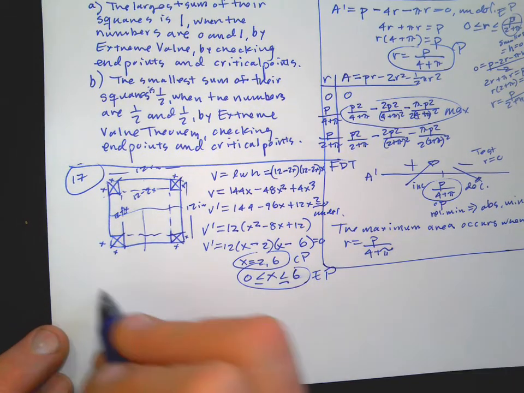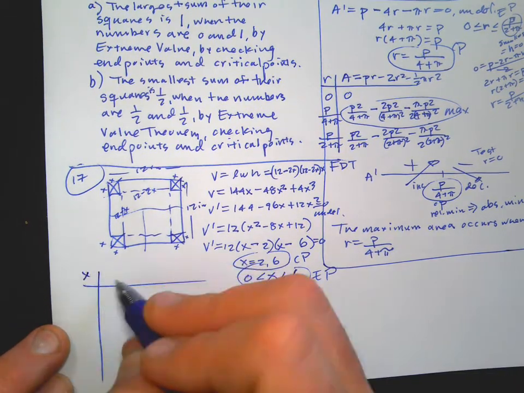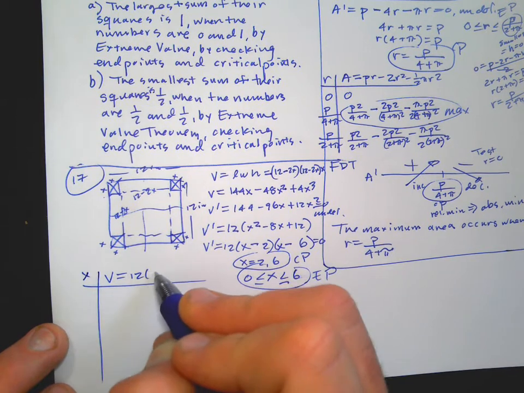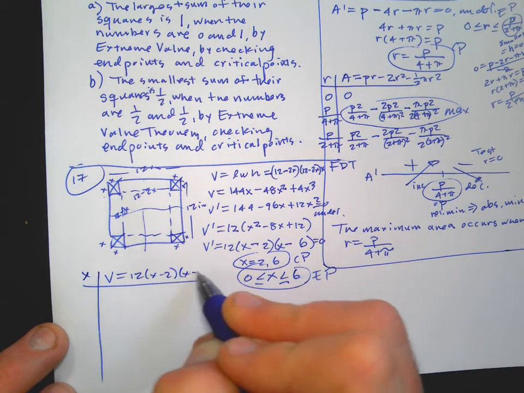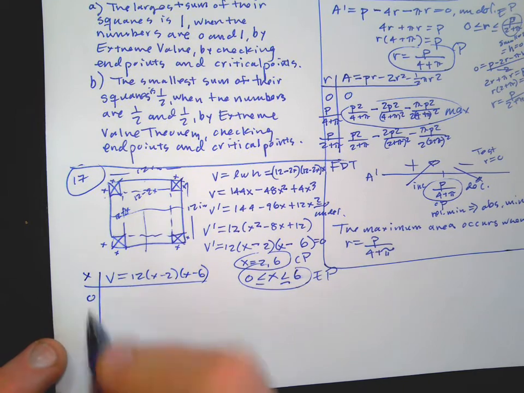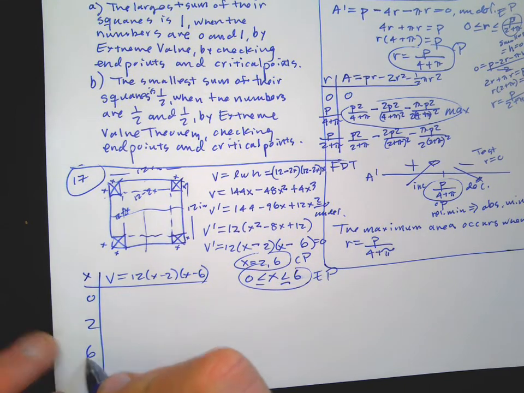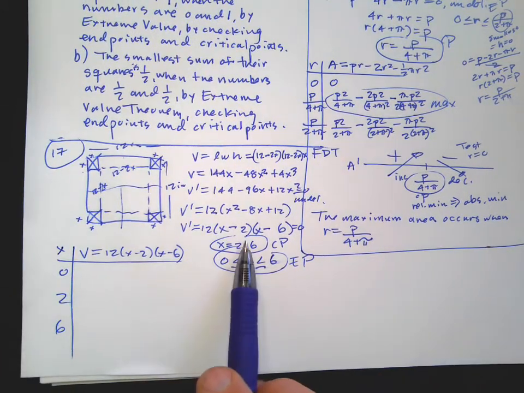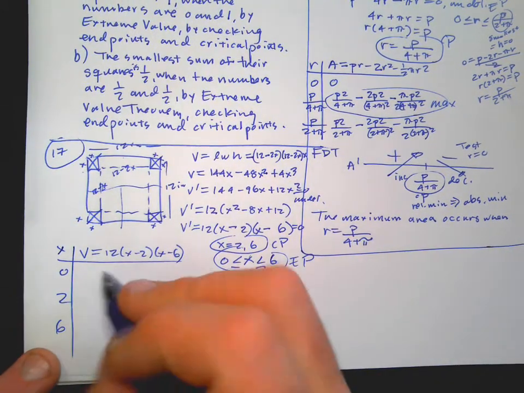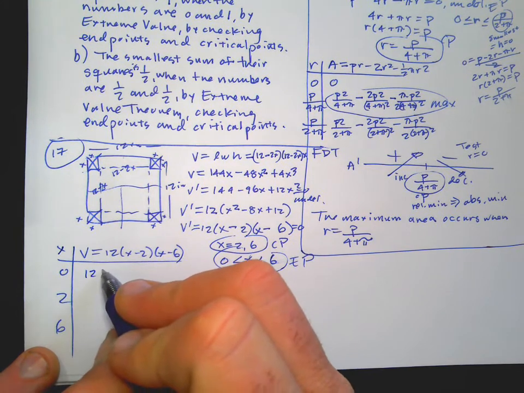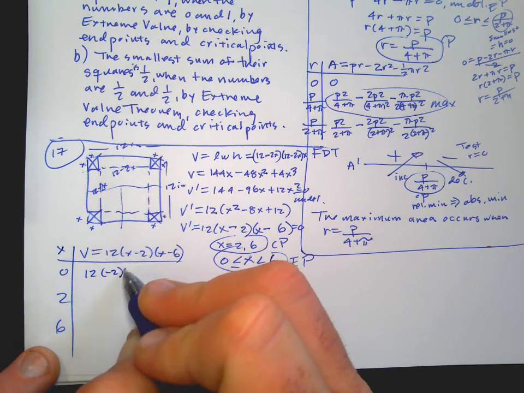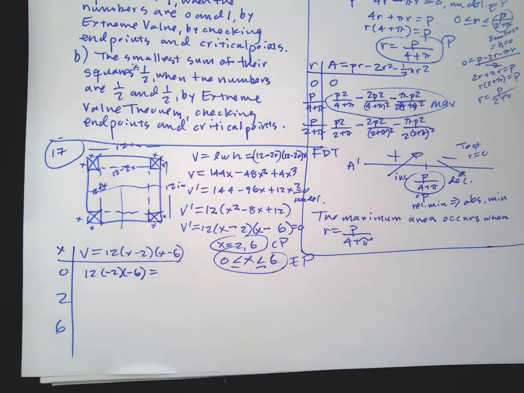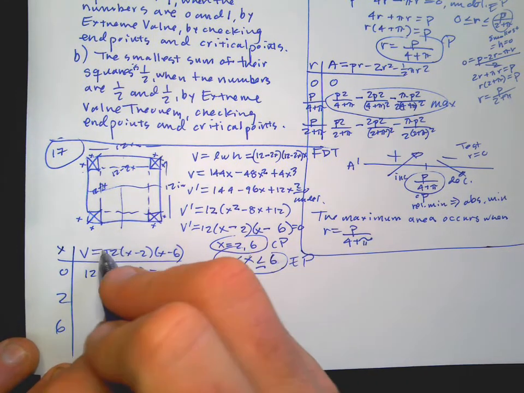So we're going to do a table, plug in our volume, and we're going to plug in 0, 2, and 6. So 6 is a critical point and an endpoint. Whatever, that's fine. If there are any critical points outside the endpoints, don't calculate them. So this is going to be 12 times negative 2 times negative 6. Oh, this is weird. Oh, I'm plugging in the wrong thing. This is V prime.